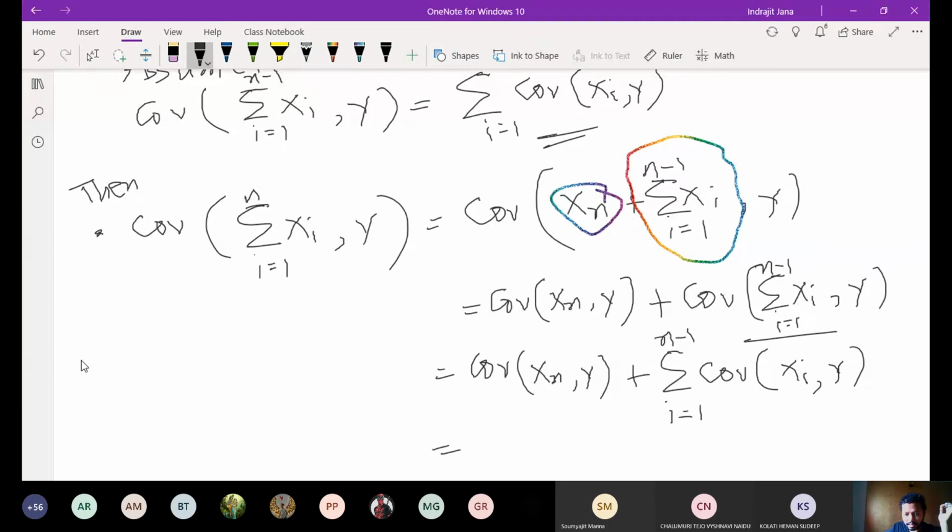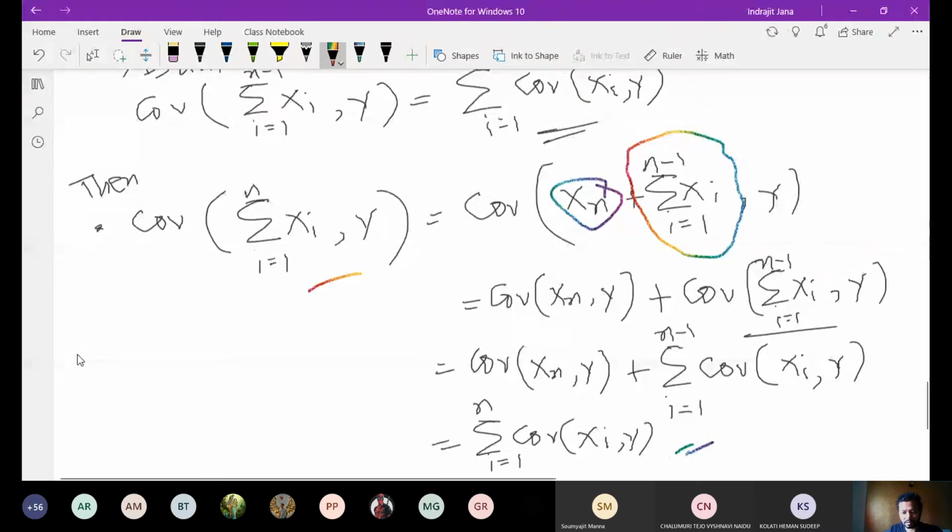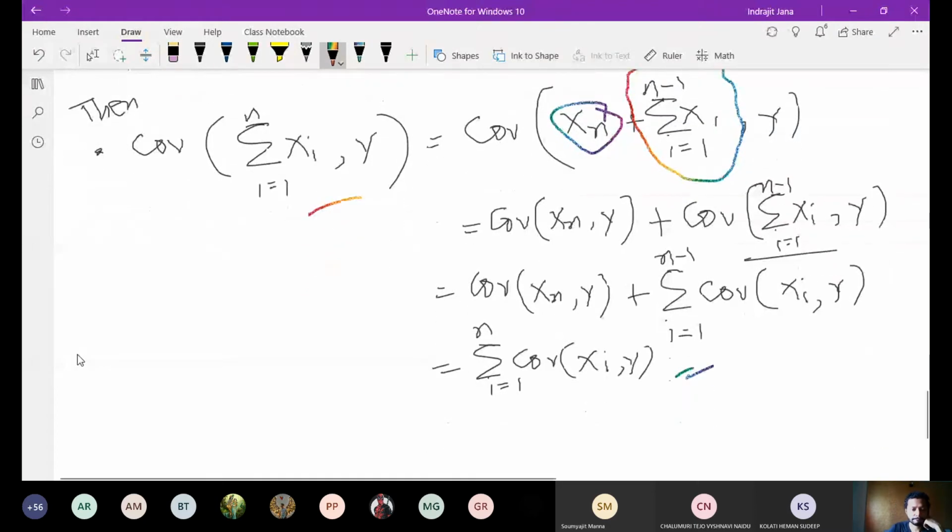If you merge these two sums together, you will see the desired sum, which is covariance of xi, y, i from 1 to n. So that's it. Covariance of summation of xi, y is the same as summation i from 1 to n of covariance of xi, y.